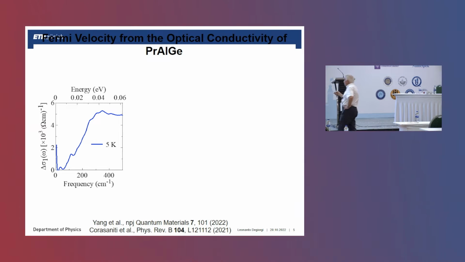And here we immediately recognize a first important feature in the optical spectra, namely that the low frequency tail of these far infrared absorptions is characterized by a linear frequency dependence. And this is a pretty well recognized feature in a large variety of topological materials.